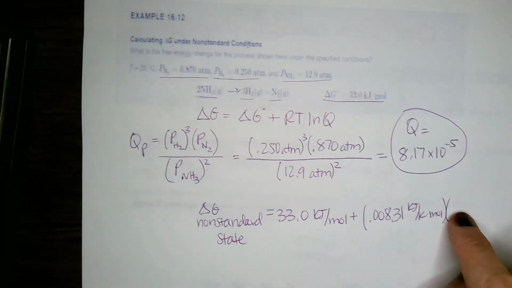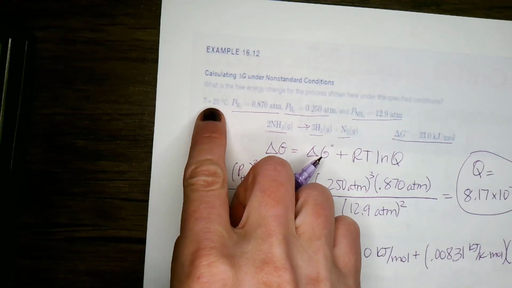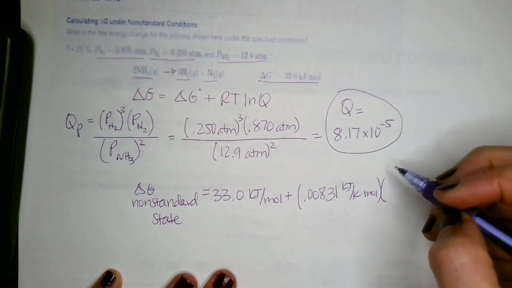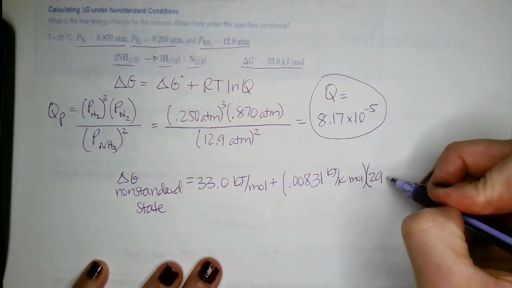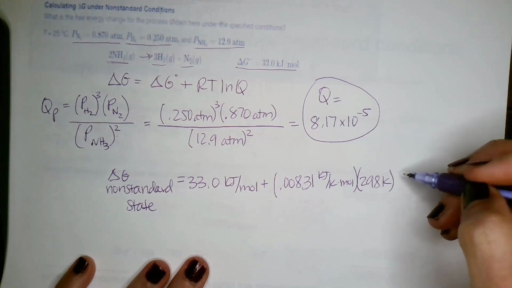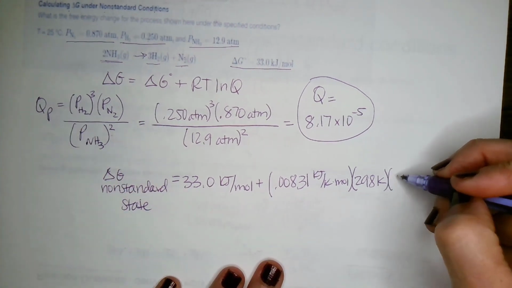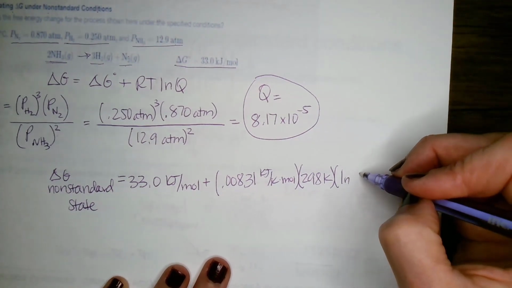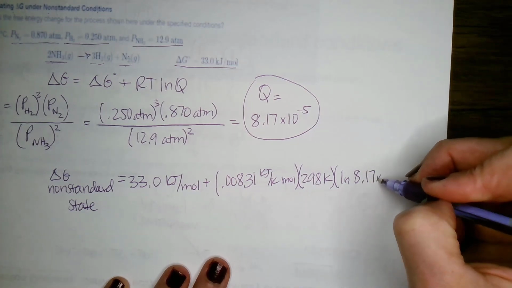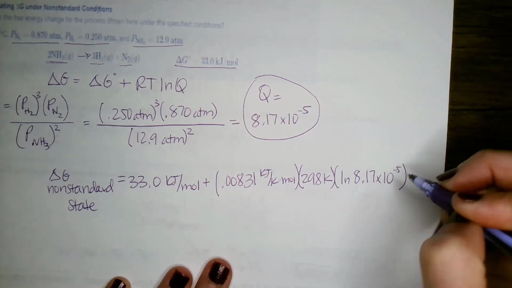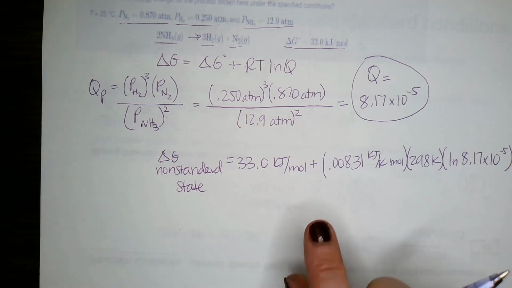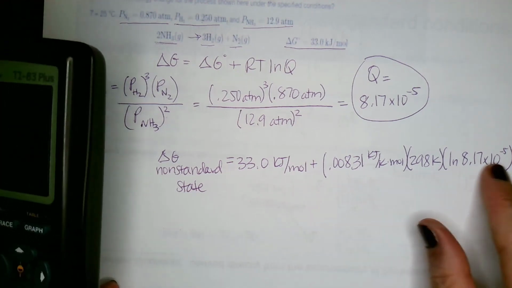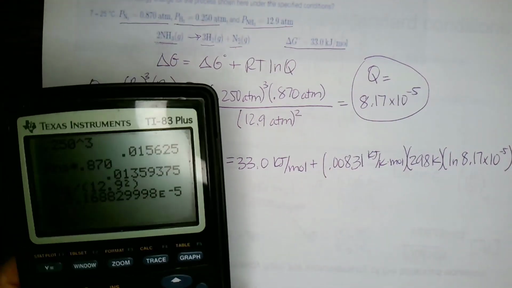The temperature, and we were told temperature up here was 25, so plus 273. So our temperature is 298 Kelvin times the natural log of 8.17 times 10 to the negative 5th. Okay, let's plug this in. I'm going to do this part all first.